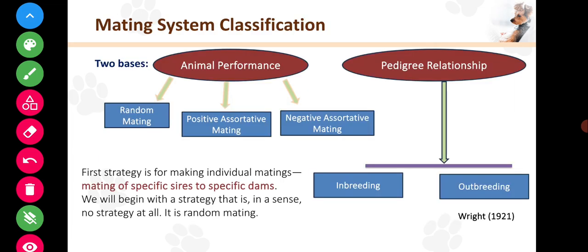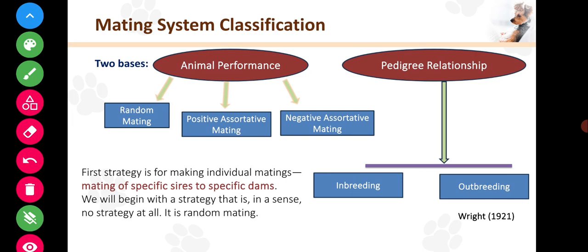First of all, we'll start with the mating system classification. There are two bases on which mating systems are classified. The first one is animal performance, whereas the second one is pedigree relationship.